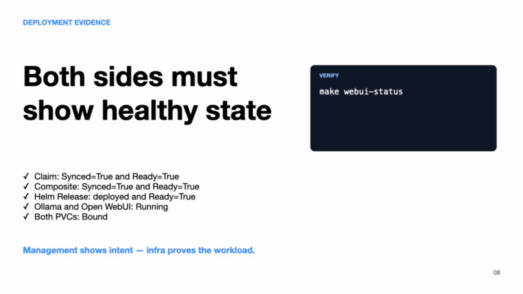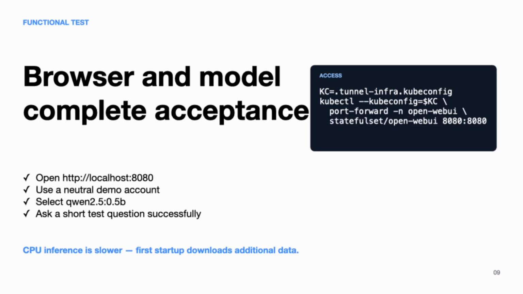Open WebUI runs with a bound 2 GB PVC. A management cluster query returns no Open WebUI pods and no Open WebUI namespace. This proves that the application runs only on OK Infra Local while its desired state is managed from OK Management Local.